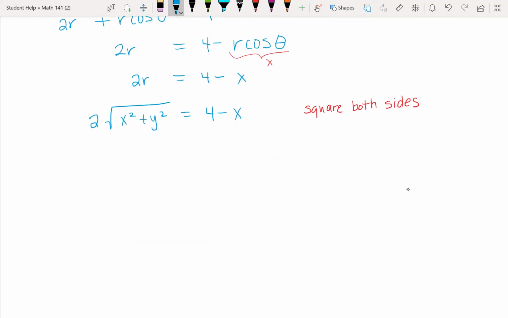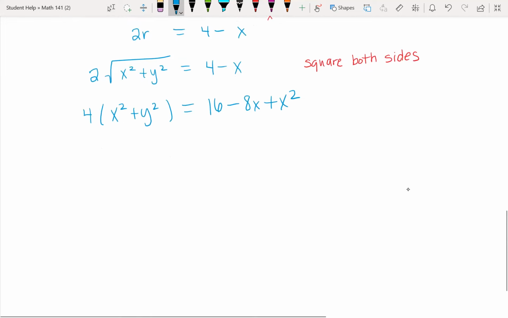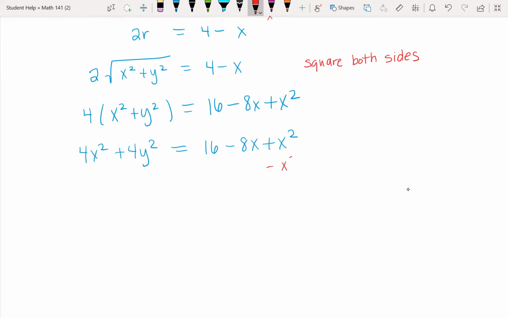So I'll have a 4 here in front multiplied by x squared plus y squared equals 16 minus 8x plus x squared. All right, so 4x squared plus 4y squared equals 16 minus 8x plus x squared. Let's subtract x squared.